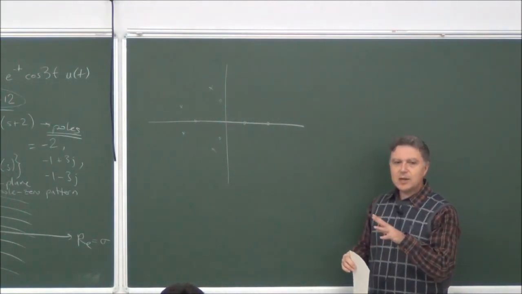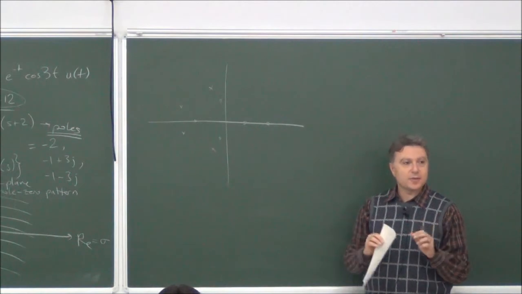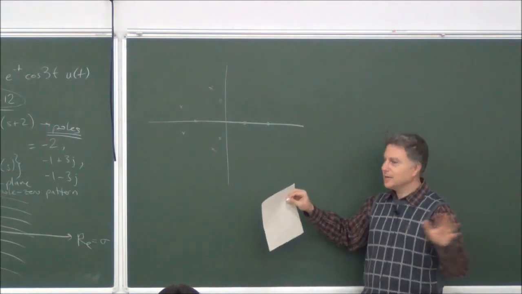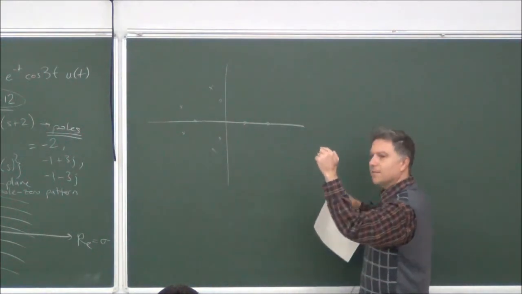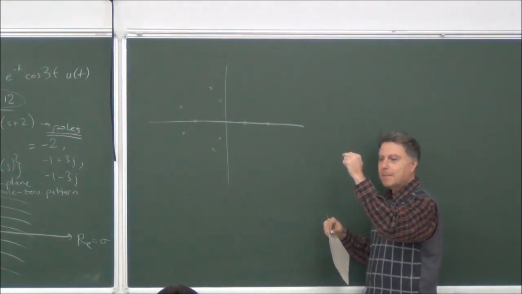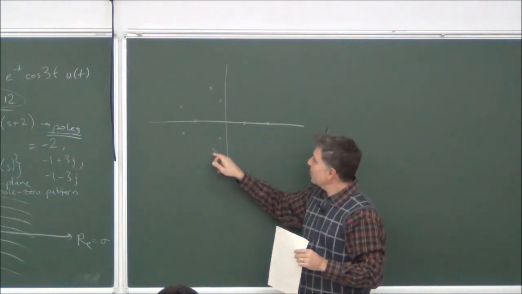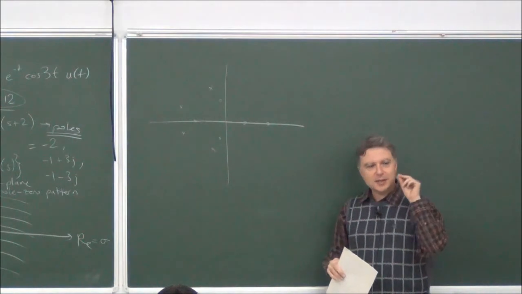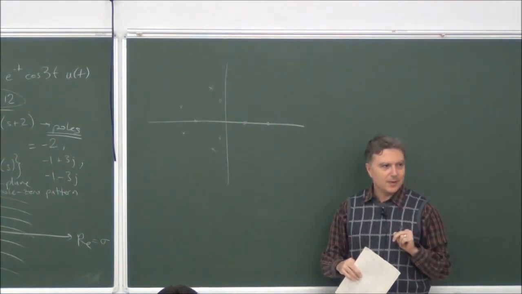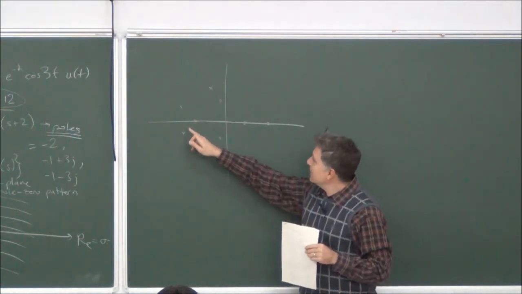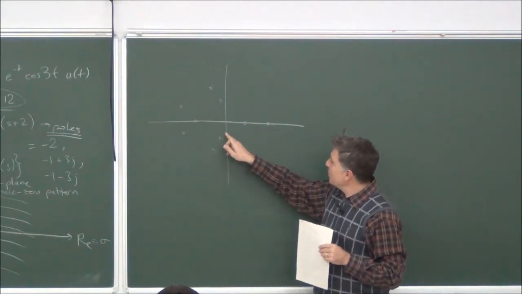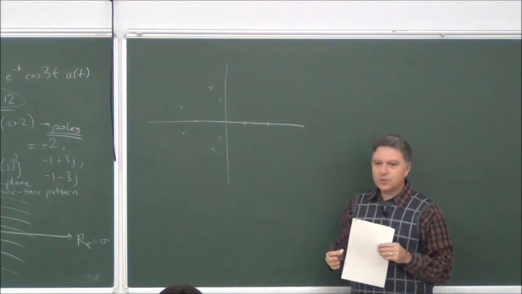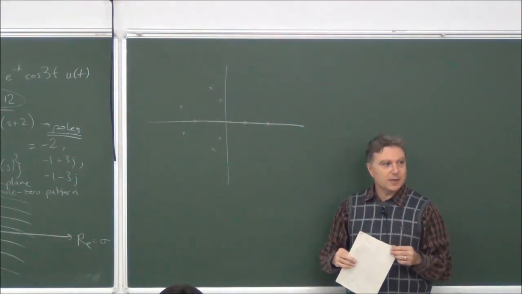Well, you have to imagine this as a surface. It's like an infinite-extent cake, and you're looking from the top of that cake. These points, the crosses, are problematic because at those points the cake exhibits an infinite value. When sigma is equal to this much and j omega is equal to this much, X(s) diverges. It goes to infinity in magnitude.